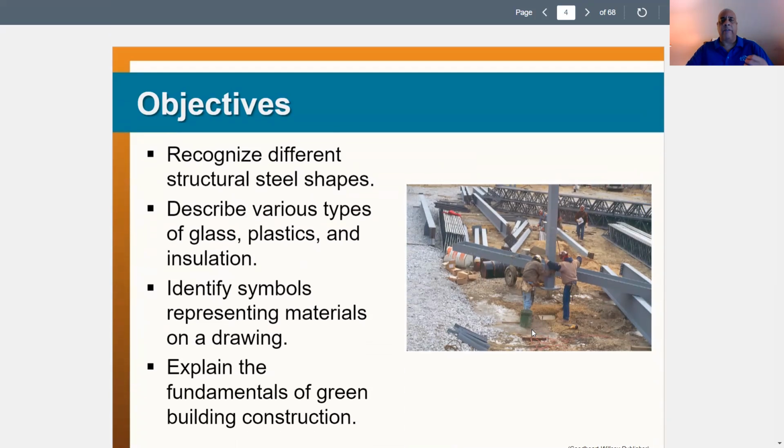You need to understand what green building construction is. And when it comes to plans, you need to know how to identify symbols that represent materials on drawings. And that concludes this topic on construction materials and their uses.